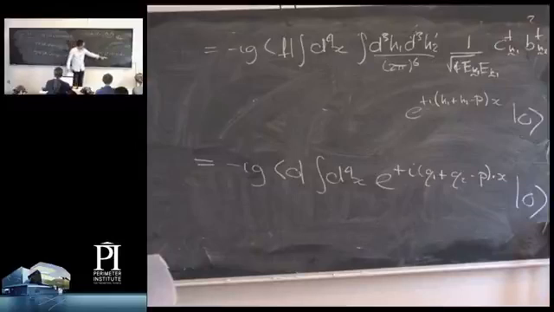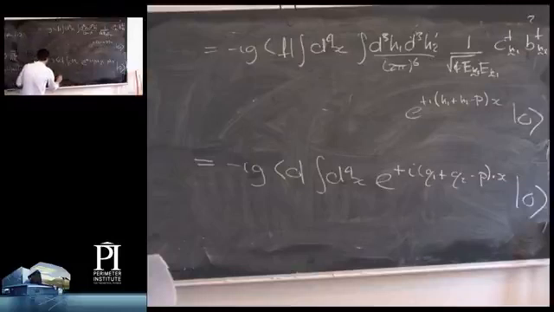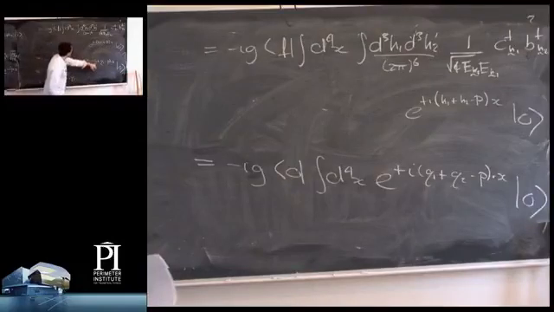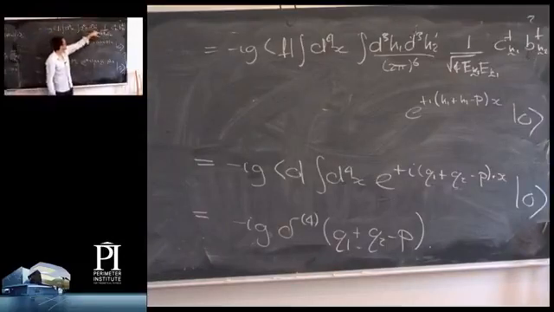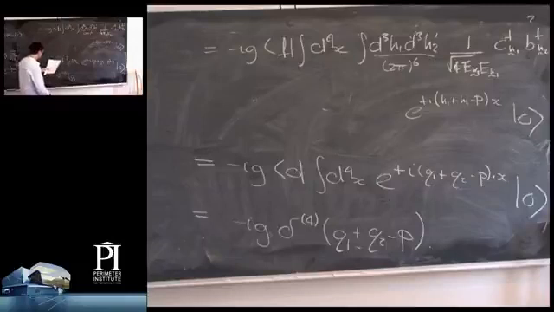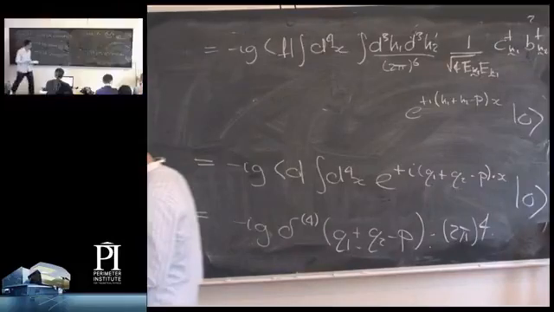What I'm left with is just this integral, but this integral is just a delta function. By the way, the k's became q's because the b's and c's here were defined to have the q's, and they give me the delta functions, which allowed me to do this integral. Oh, and there's a 2 pi to the 4.